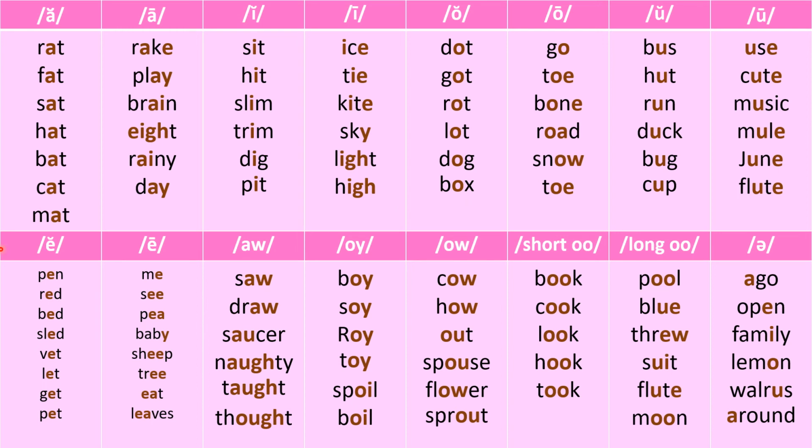Now let's go to the short E as in pen, red, bed, sled, vet, let, get, and pet. Long E as in me, see, pea, baby, sheep, tree, eat, and leaves.